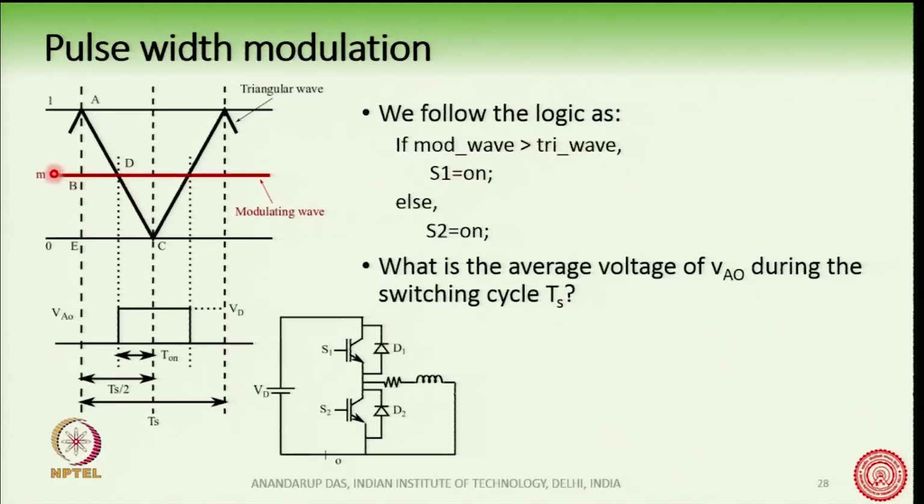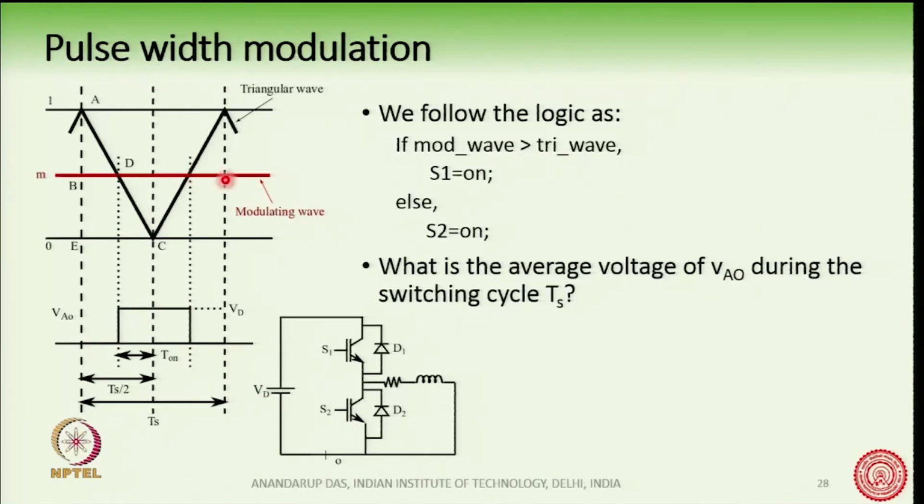Which means that during this portion of time, the modulating wave is more than the triangular wave, and hence I will turn on S1. In this circuit I will turn on S1. As I turn on S1, the VAO voltage will be equal to VD, that is the DC bus voltage.